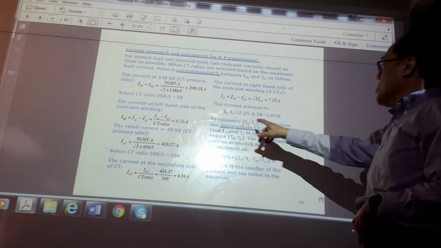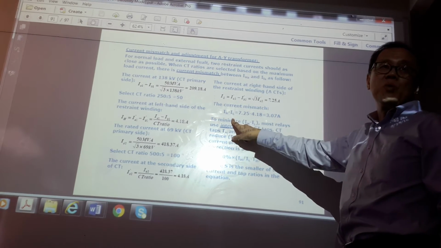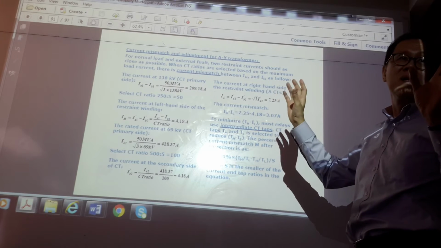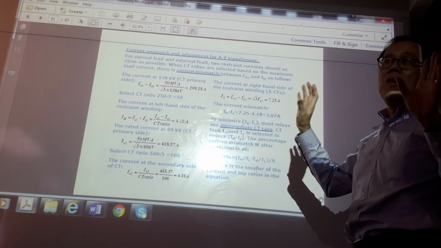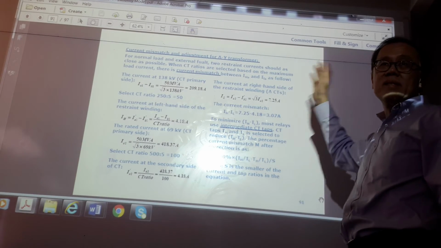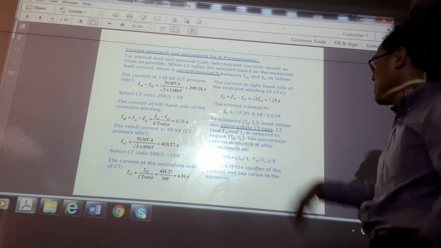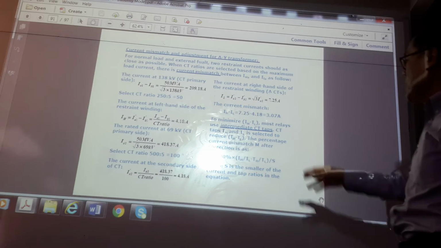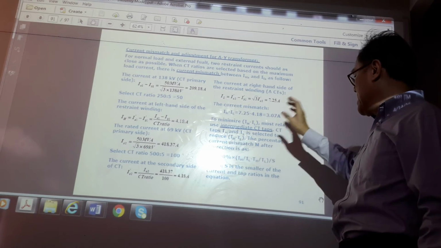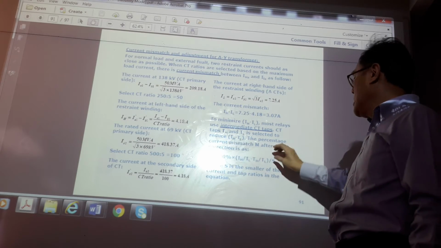So to minimize the current that goes through the operating winding under what we call the normal condition, because it is not our objective for protection. We don't protect for external fault. If you have anything going out, this is a kind of normal condition, so we have to minimize. So the way to minimize is to use this to compute the tap.